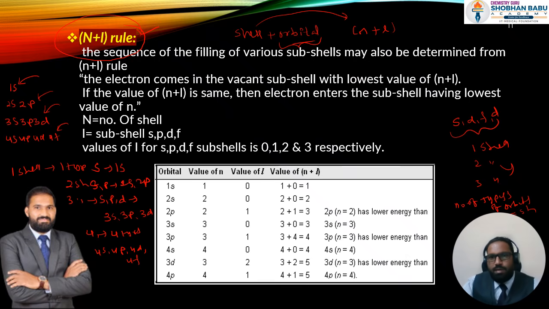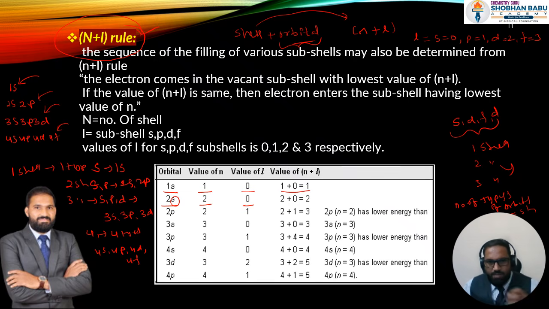For the s orbital L is 0; in the last slide we saw p is 1, d is 2, f is 3. So for 1s, the n value is 1 and the L value is 0, that is 1 plus 0 is 1, and for 2s it is 2 plus 0, like that.